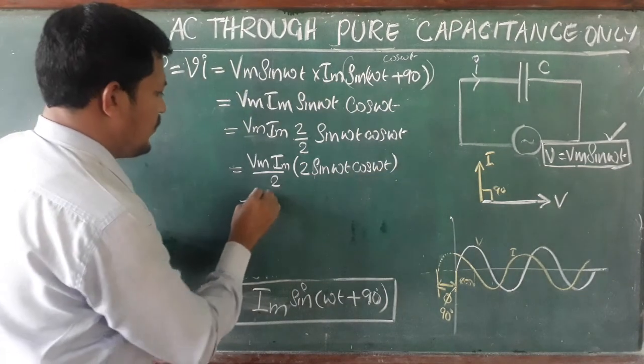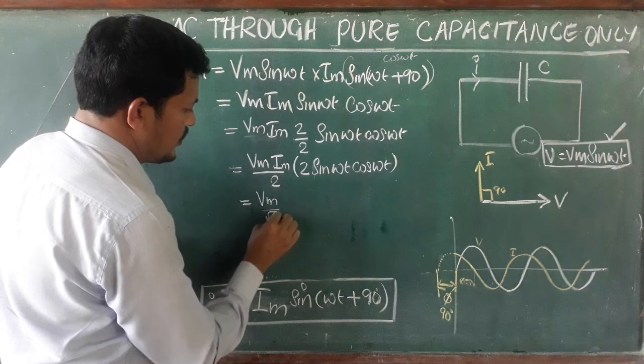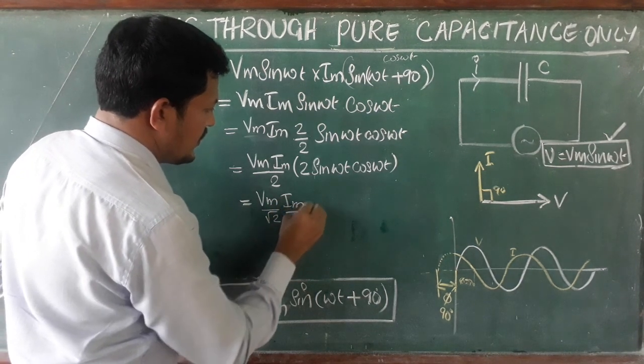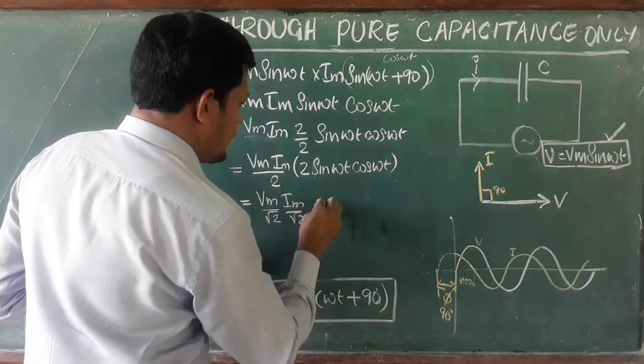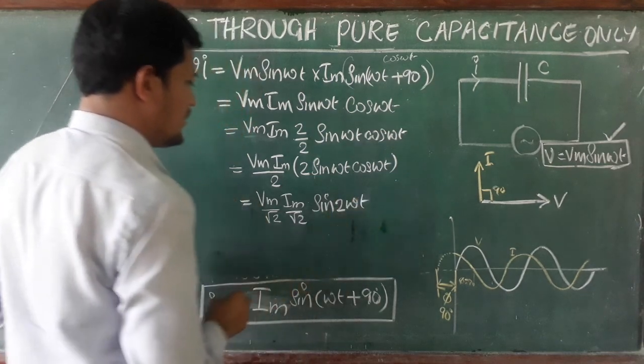Dividing by root 2 into root 2, Vm Im by root 2 root 2 into sin 2 omega t.